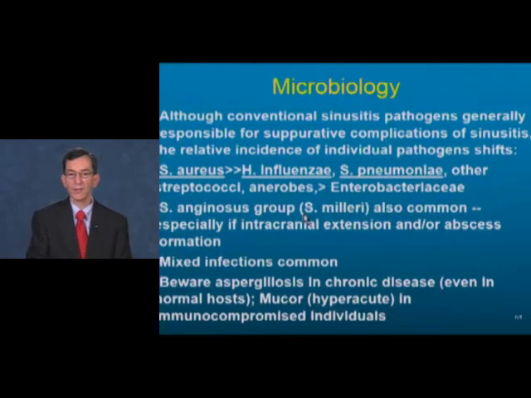Remember that Strep milleri or Strep anginosus is a normal denizen of the oropharynx and may find itself in the microbiological flora of the sinuses in the setting of infection. Strep anginosus or Strep milleri is classic in its ability to form abscesses, and so complications that follow are often associated with sphenoid sinusitis, ultimately due to a mixed infection containing Strep anginosus.